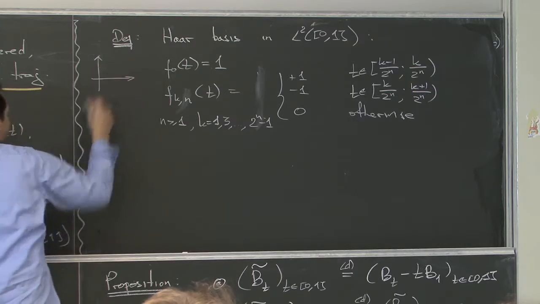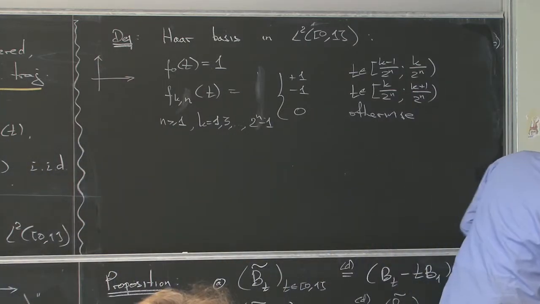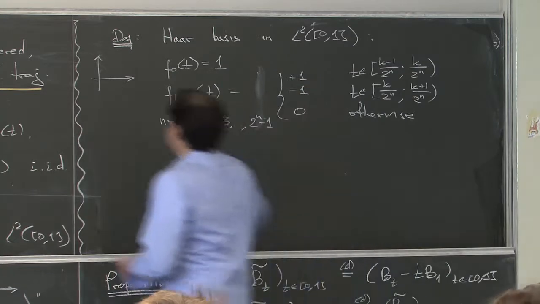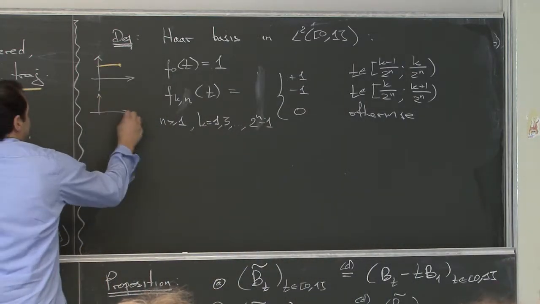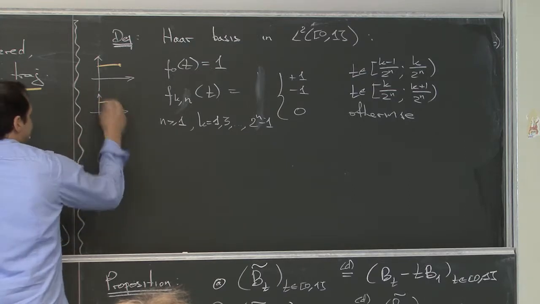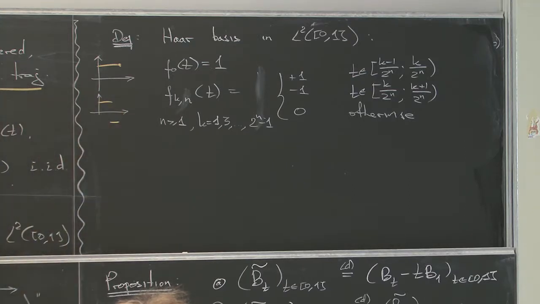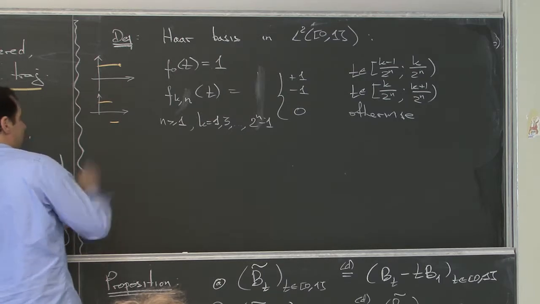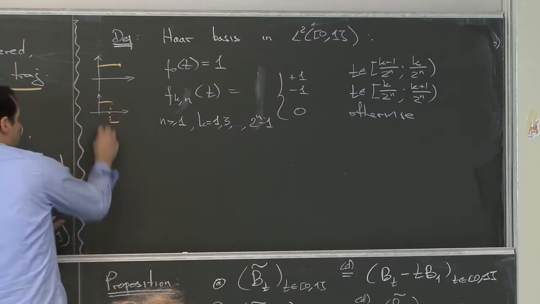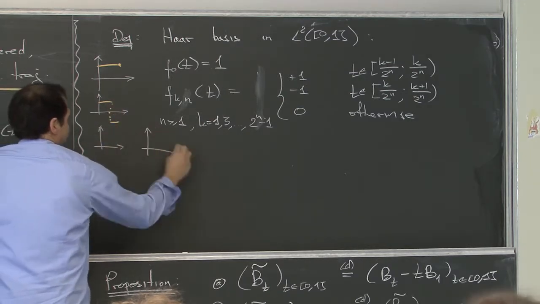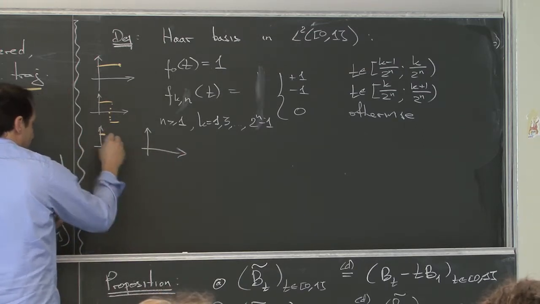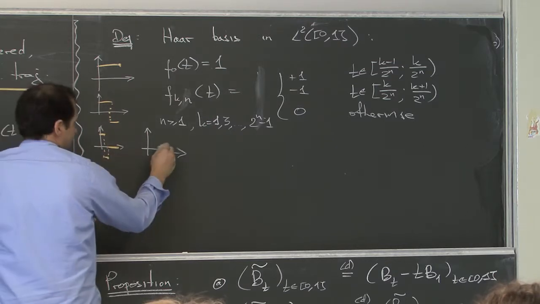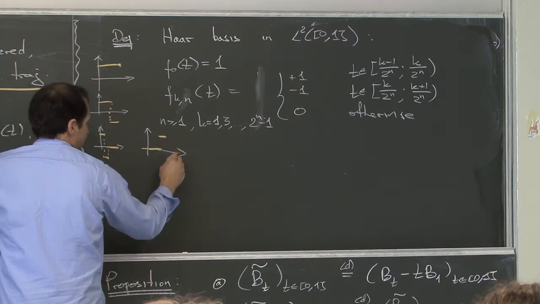It's much easier to draw a picture. So what is the picture? This is just 1. Then what I have is this step function on level 1. On level 2, I have 2 step functions like this, and so on and so forth.